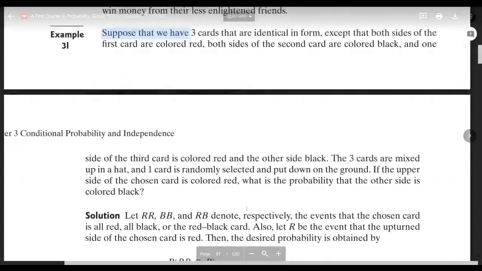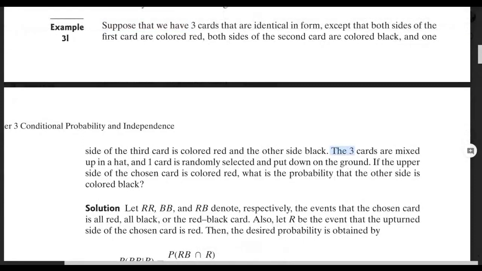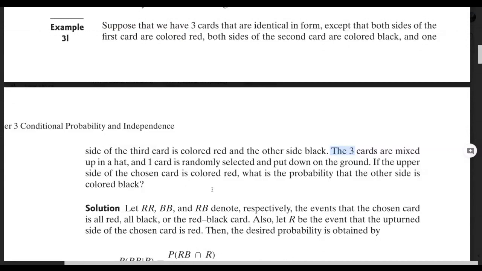The 3 cards are mixed up in a hat, and one card is randomly selected and put down on the ground. If the upper side of the chosen card is colored red, what is the probability that the other side is colored black?